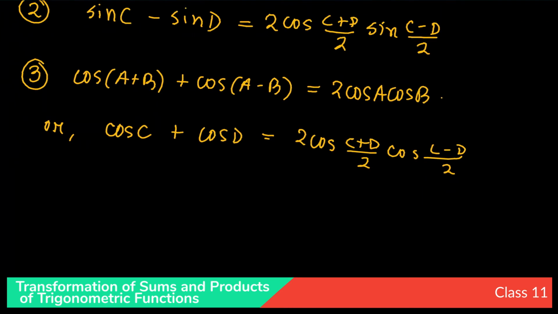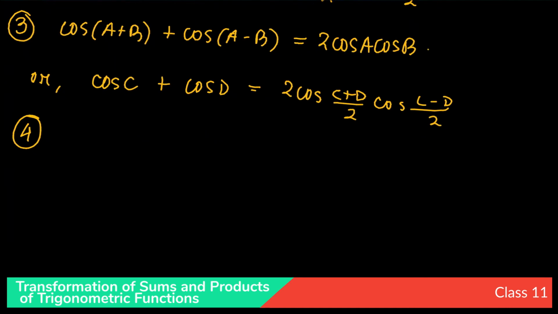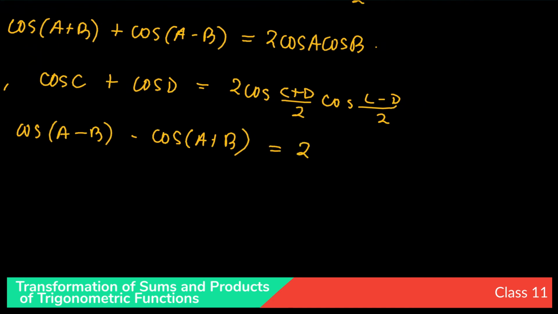Okay, now in the fourth one, it is cos of a minus b minus cos of a plus b is equal to what? 2 sin a sin b.